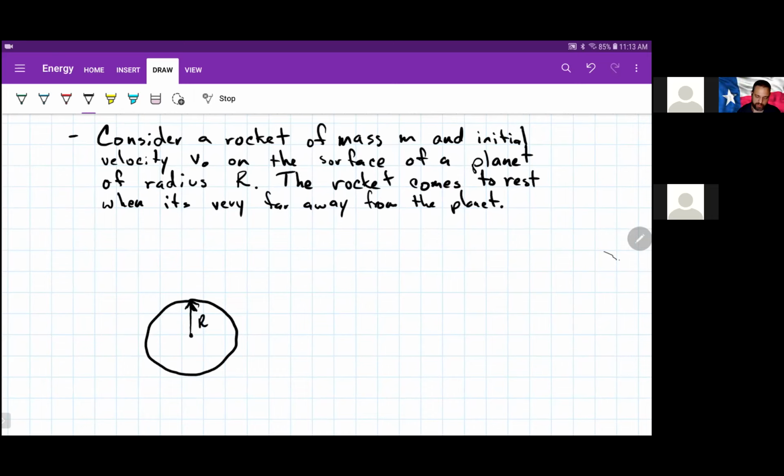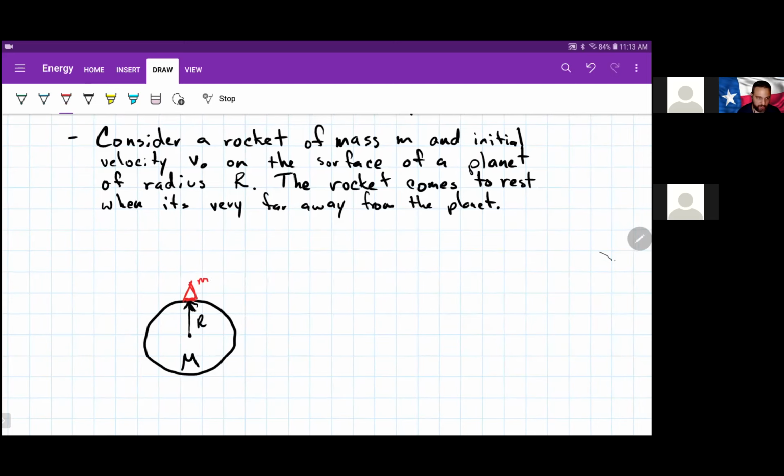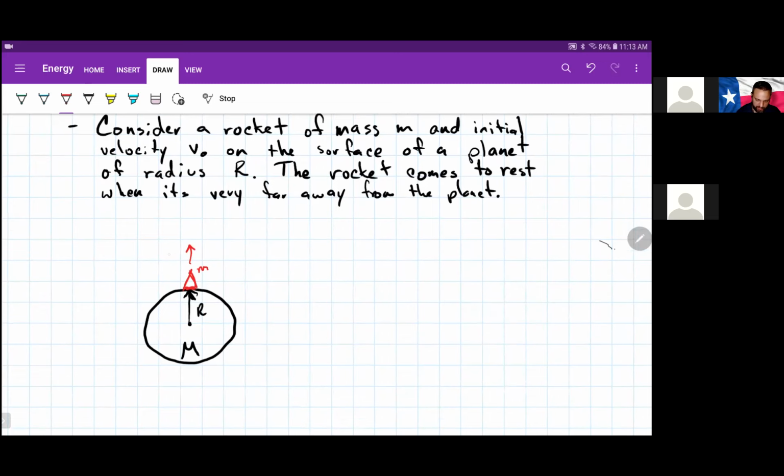So we have some planet, and the planet, of course, is going to have some mass M. We'll use a capital M for the planet because it's a big planet. And then we're going to have a rocket ship. And I usually just draw a triangle here. We have this rocket ship on the surface of the planet with some mass little m. Okay. And it's got some initial velocity. We don't know what that is, v naught. Okay, maybe it's standing still. It usually is. All right.